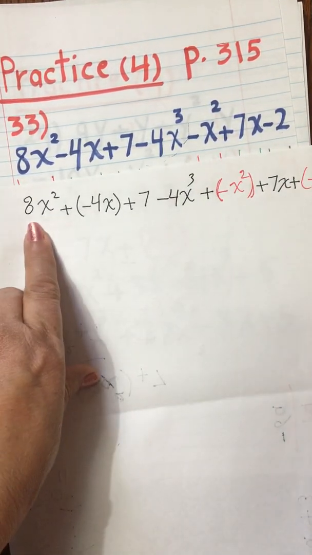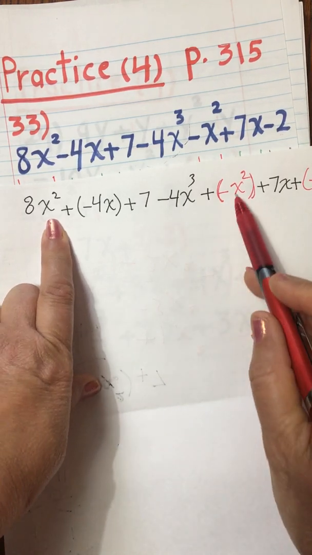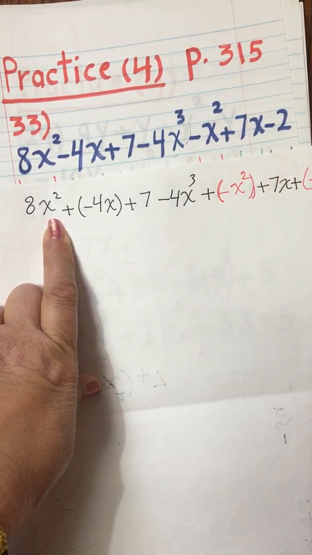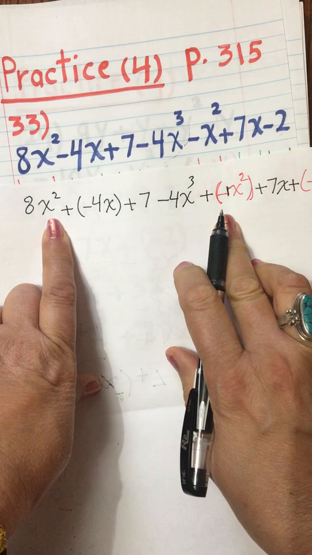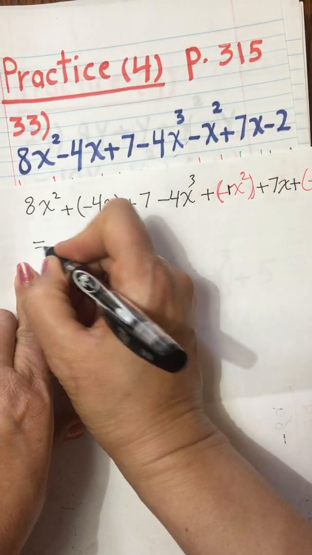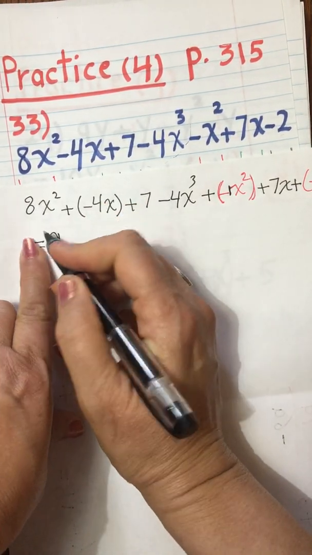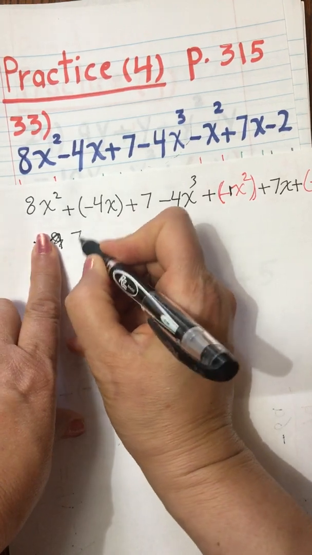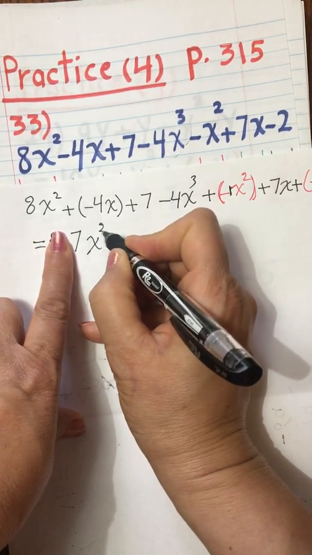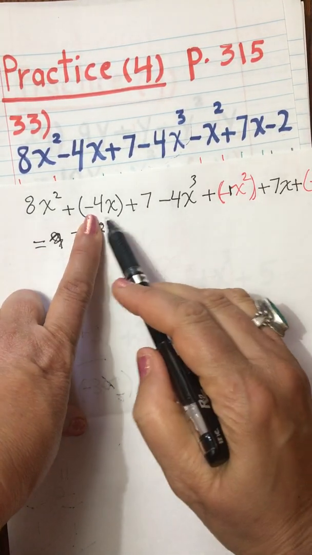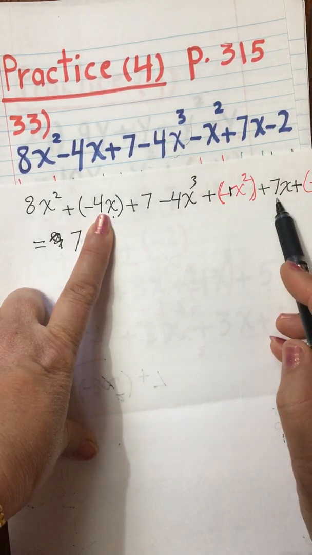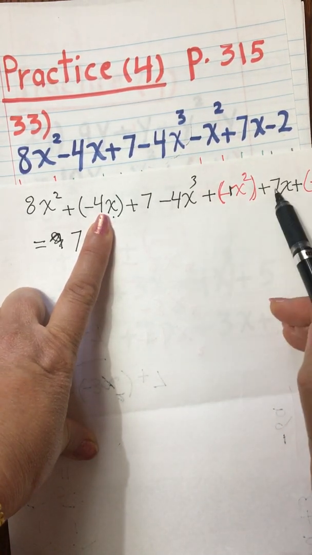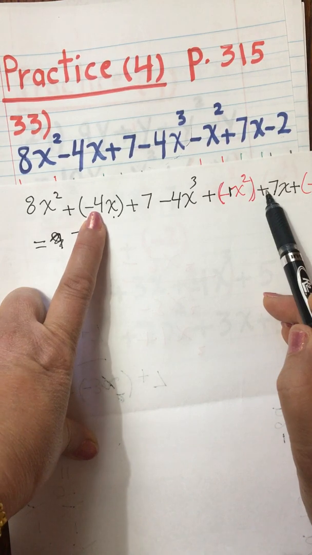So for 8x squared minus 1, I have 1 right here, minus 1x squared, gonna equal 9. 8 minus 1, sorry, gonna equal 7x squared. Negative 4x and positive 7x, so I'm gonna subtract because different signs.